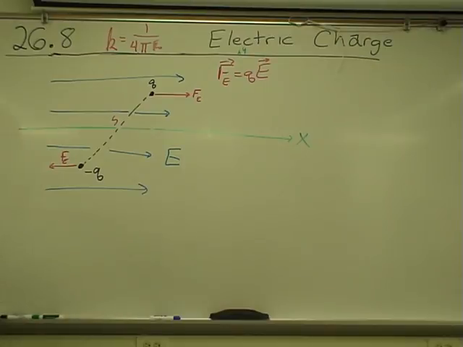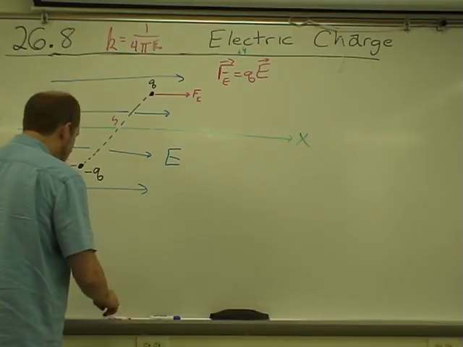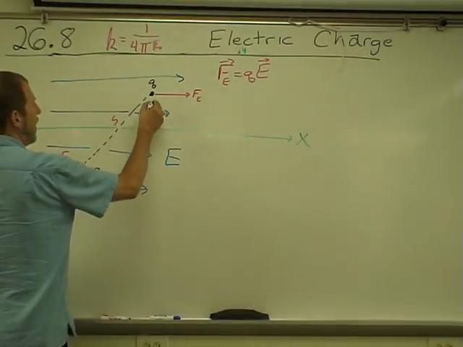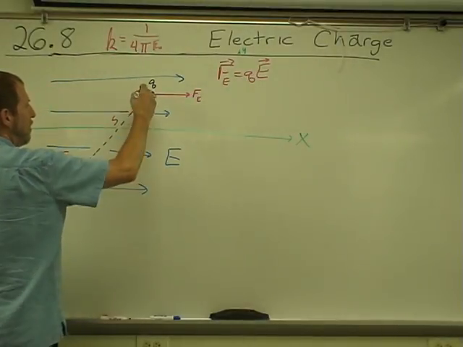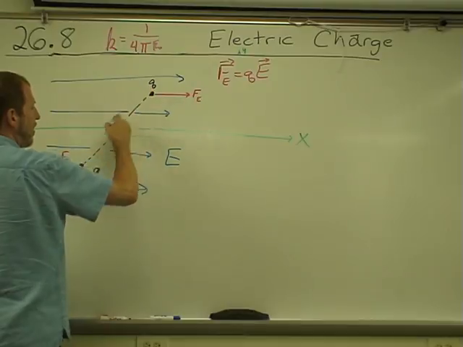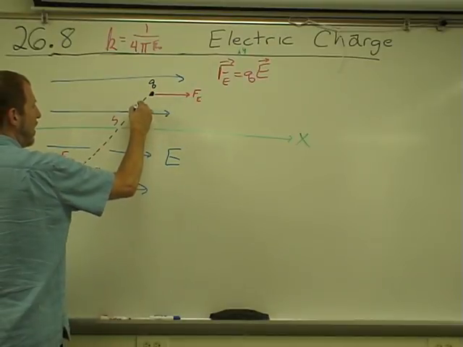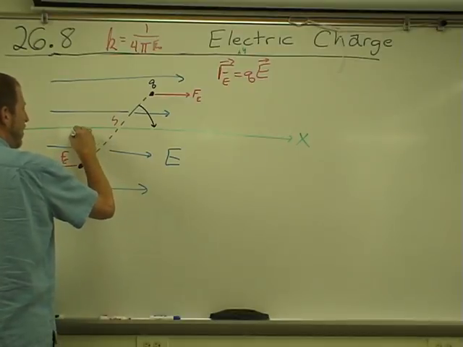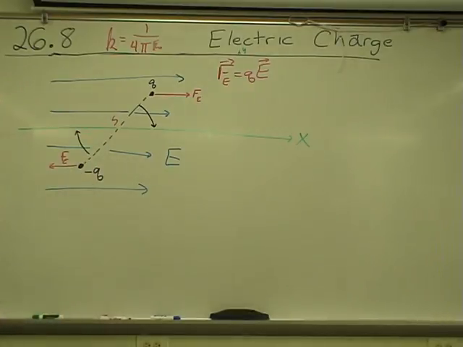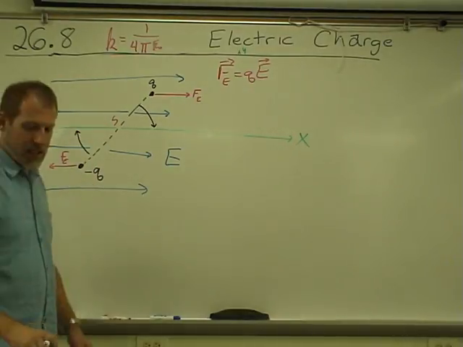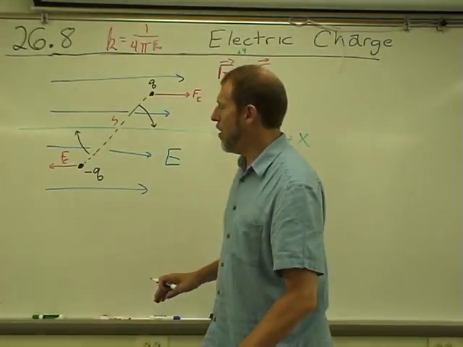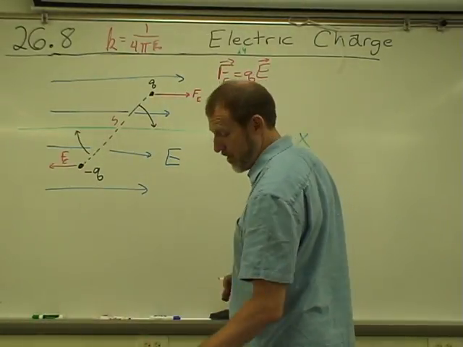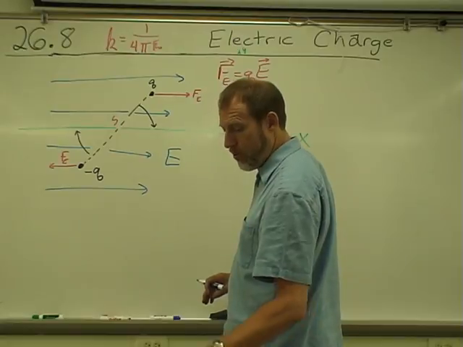Now, what we're looking at is that if this is a fixed separation, that's going to cause that pair of charges to rotate. And it's going to exert a torque on them.